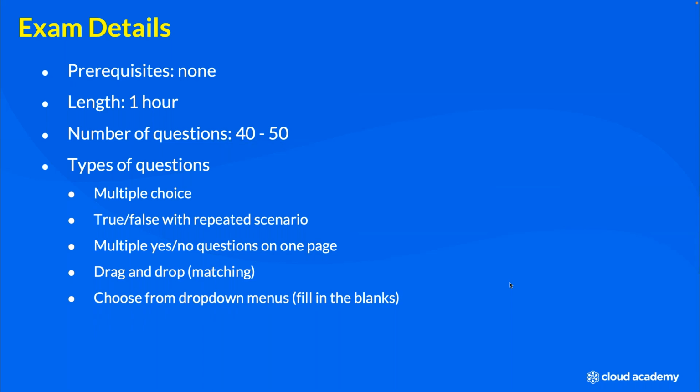They have ones where you can choose from drop-down menus, and these are typically where there'll be a sentence with a blank in it, and then there'll be a drop-down menu with that blank, and you can choose from a few different options in that blank. And quite often they'll give you multiple blanks that you have to fill in for one question.